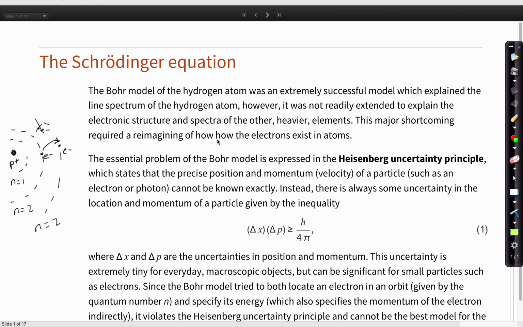So in calculating the trajectory of a golf ball or a baseball, you can certainly use standard classical physics, and the Heisenberg uncertainty principle is not going to be a problem. When calculating the way the electron moves around a nucleus, the Heisenberg uncertainty principle is a problem, and it's manifested in all atoms except for hydrogen. So you can get away without thinking about this for hydrogen, but you can't get away with it with any other kind of atom. So how do we go about fixing this?